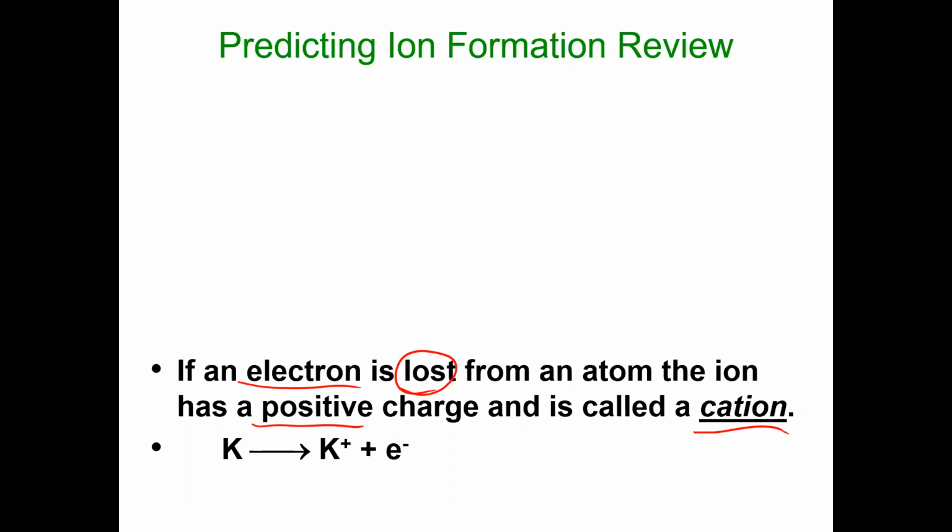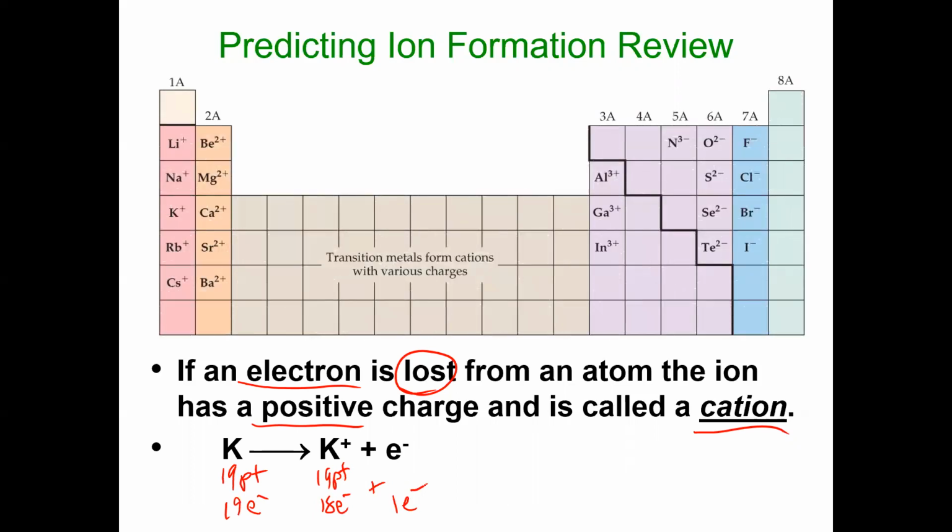So it goes from 19 protons and 19 electrons to 19 protons and 18 electrons like argon, and then there's the 1 electron that it loses.